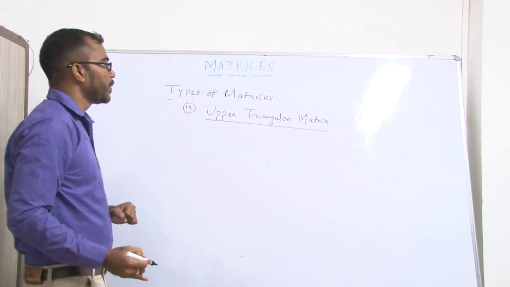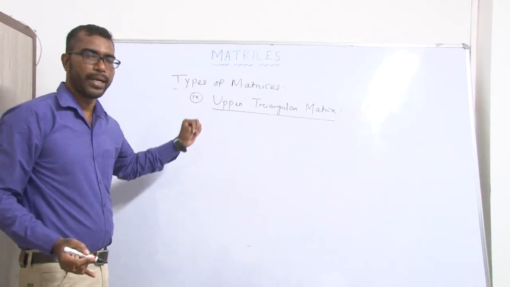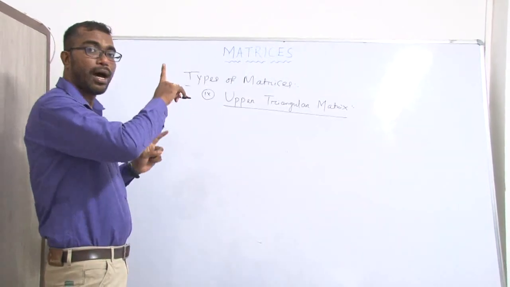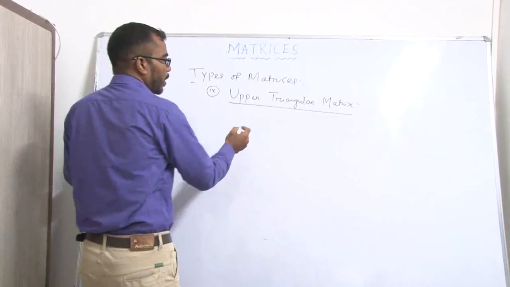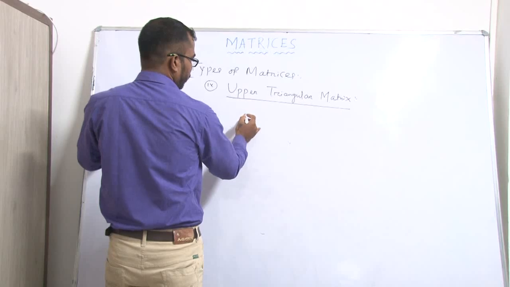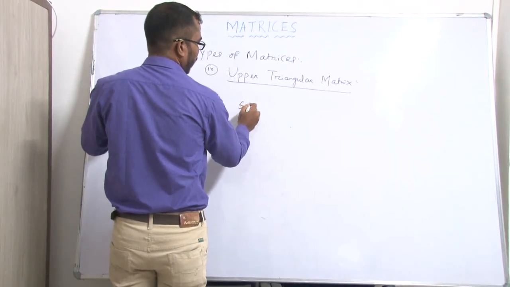Upper triangular matrix means it is also a square matrix and in its upper triangular form, the entries should be numbers, not 0.